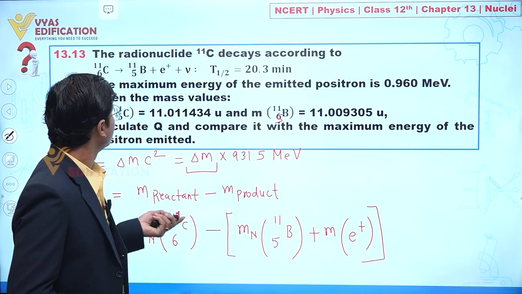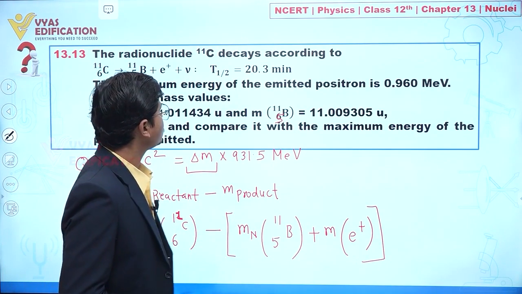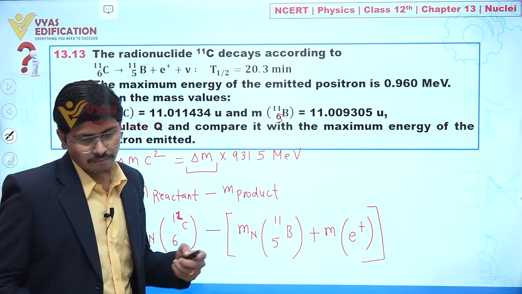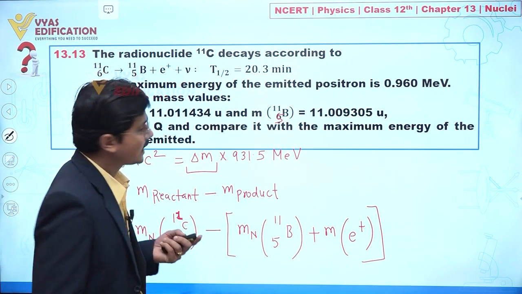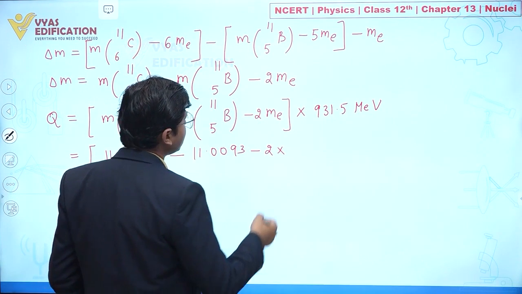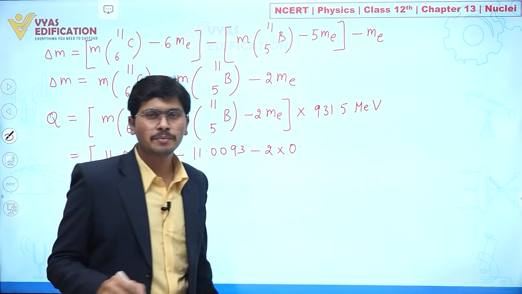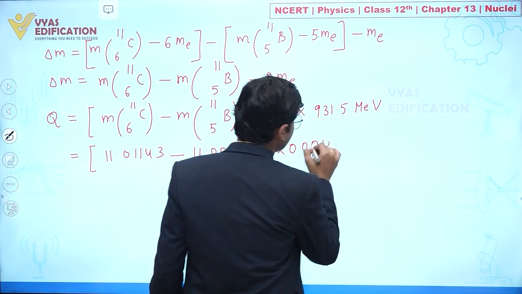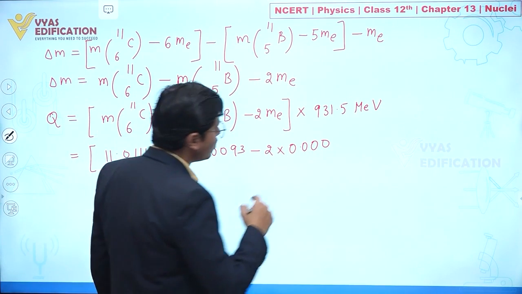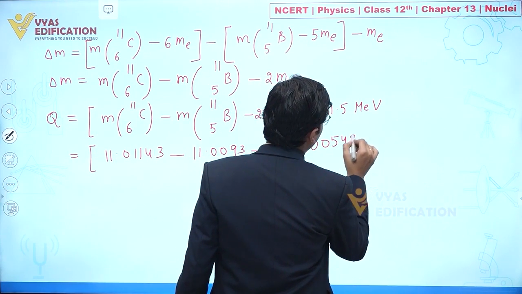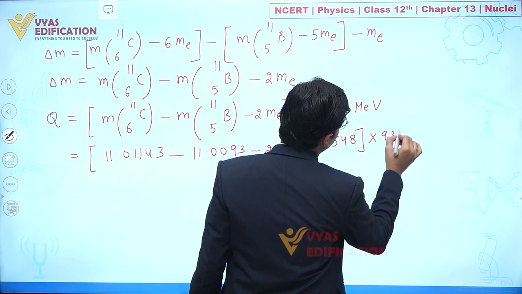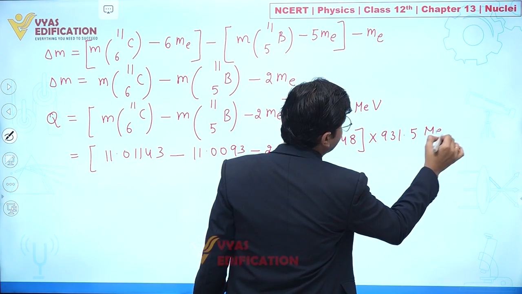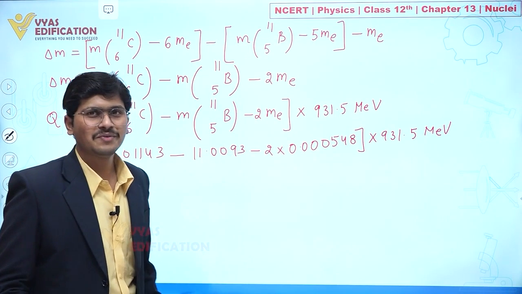So definitely mass of positron, it is given to you, no, but do you know? Yes, actually you should keep in mind the mass of an electron or positron, it will be 0.000548, clear, and it should be multiplied with 931.5, and you will get your answer in million electron volt, clear.